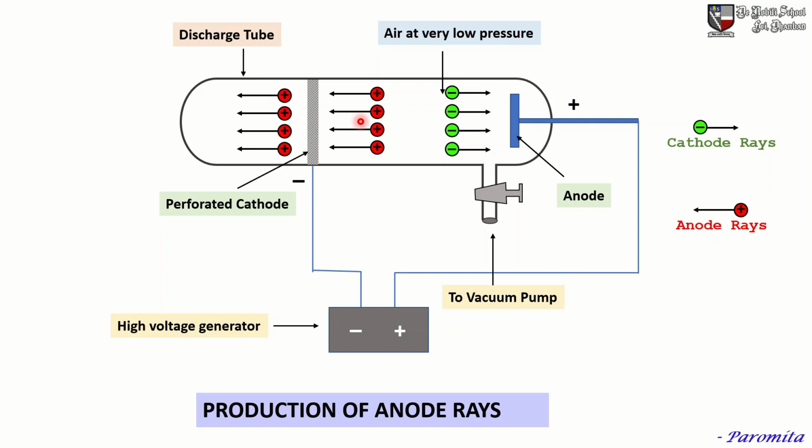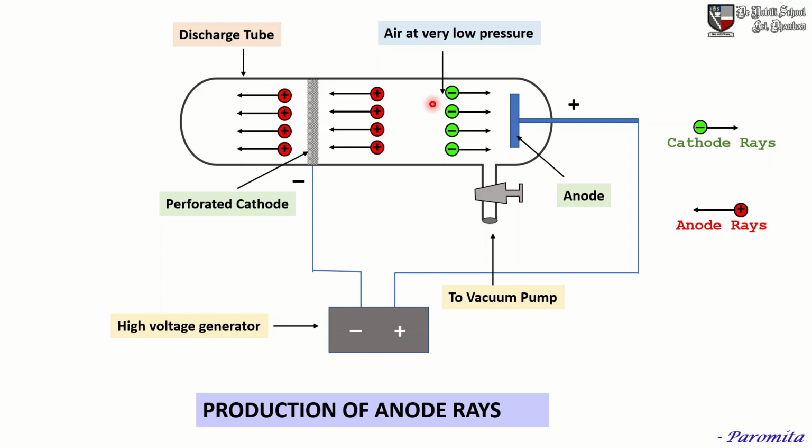These rays were called anode rays. So, anode rays travel from the anode towards the cathode, whereas cathode rays travel from the cathode towards the anode.